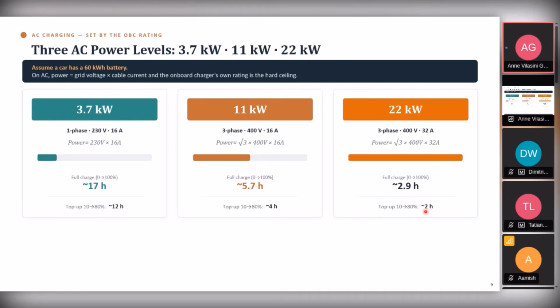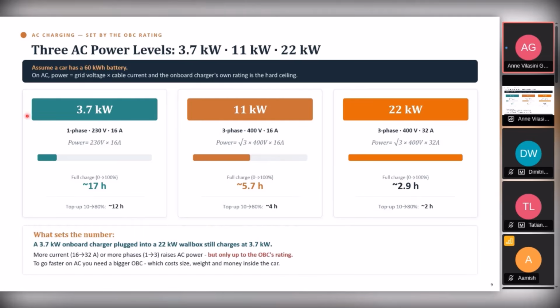So there are two ways. Normally you can increase either your current or the number of phases. But let's assume that you have a car with a 3.67 kilowatt onboard charger and you want to charge your car faster. So you go to a charging station which has higher power.